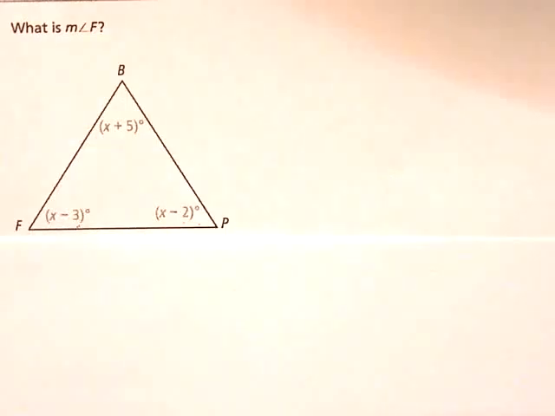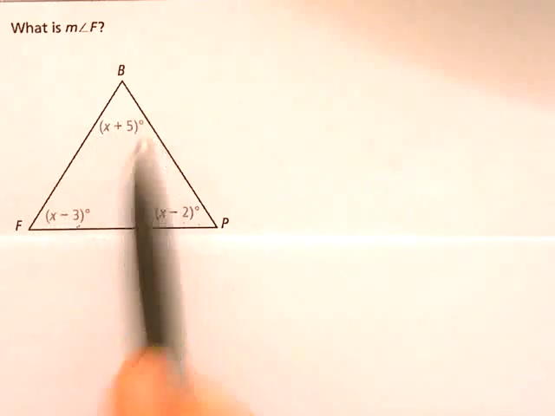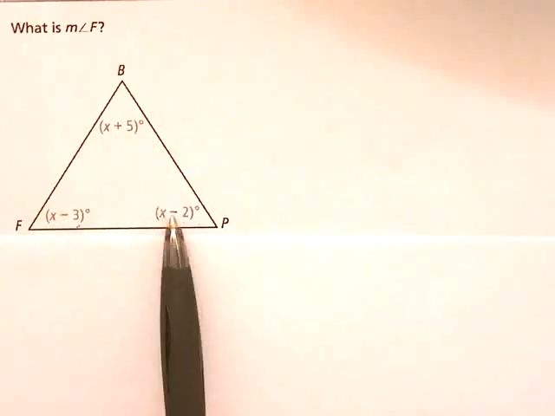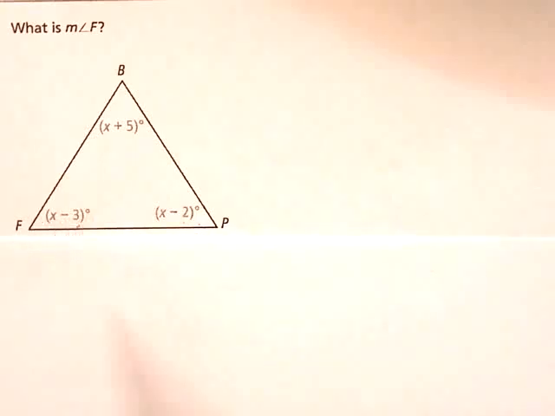In this example, I'm asked to find the measure of angle F, and as you can see, this is triangle BPF, and I don't have any numbers, but what I do have is some expressions. I know that angle B is the same as x plus 5 degrees, angle P is the same as x minus 2 degrees, and angle F is x minus 3 degrees.